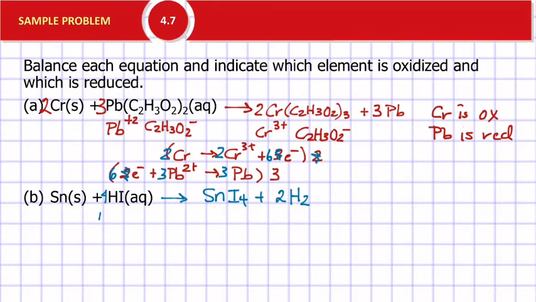And so that gives us hydrogen ion, an iodide ion. This is an ionic compound. That gives us tin and iodide, and the tin is 4+. And over here we have hydrogen.